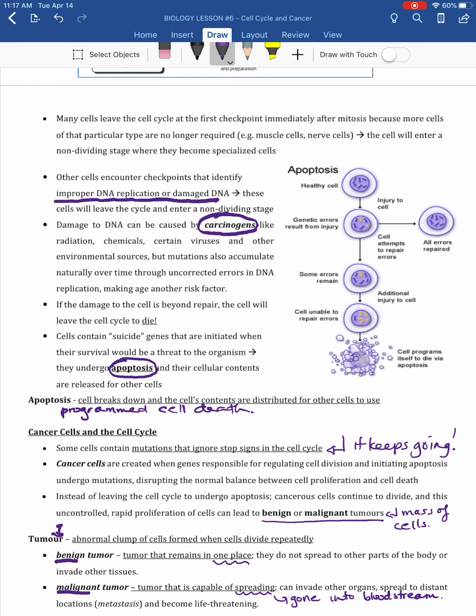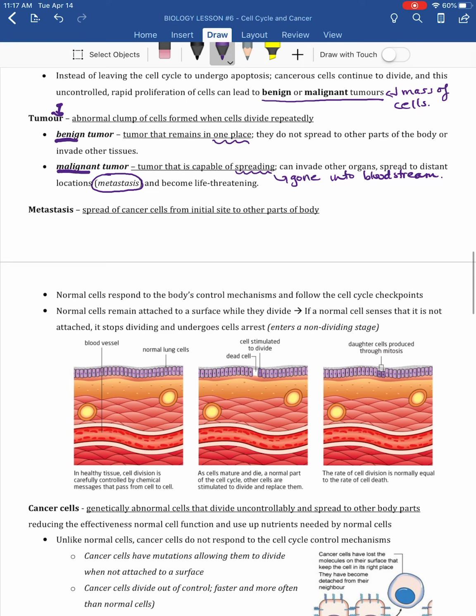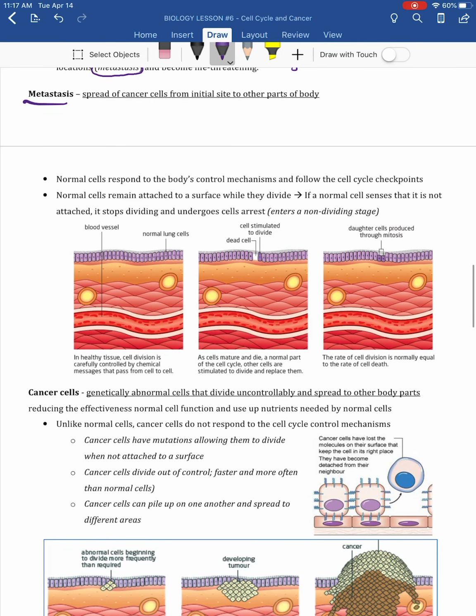Those cells are carried by the blood, and so you may have heard, and I hope you have never heard this word, but you may have, metastasized. The tumor has metastasized. That means it's moved, and it's usually moved into a different organ because it traveled through the bloodstream. Okay, so I'm going to move on up, and there's the definition for metastases. So it's moved, and here's a picture of exactly what I just described.